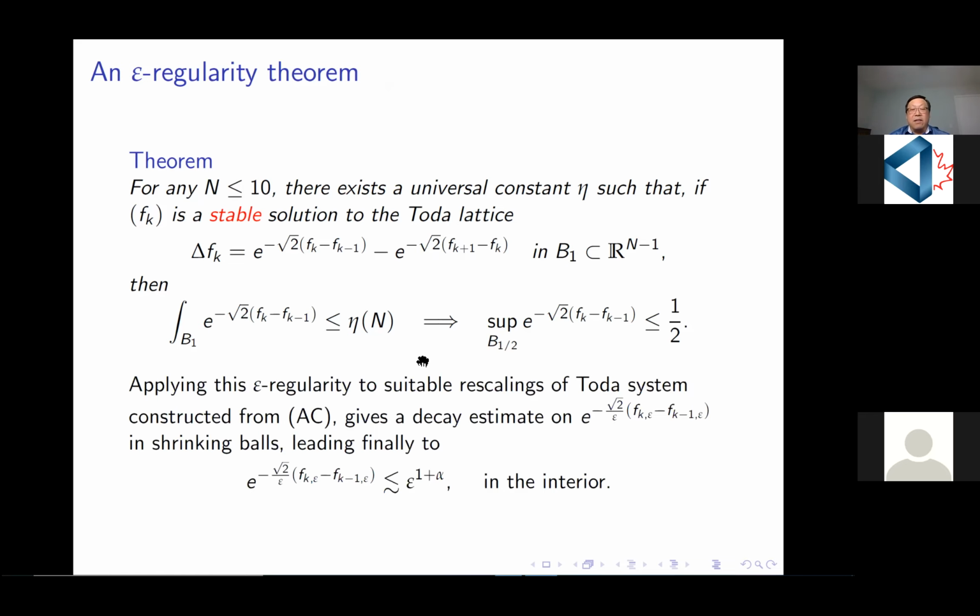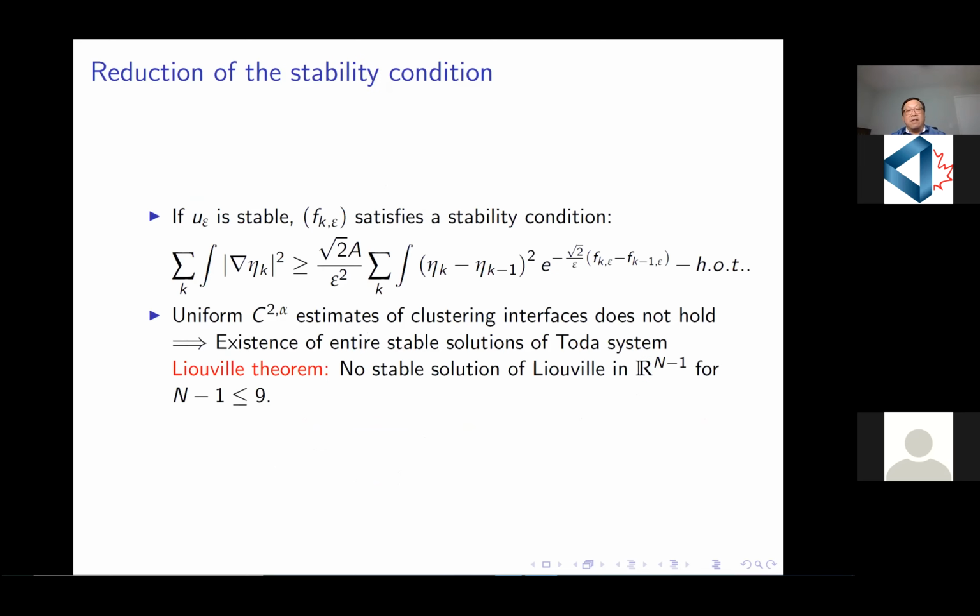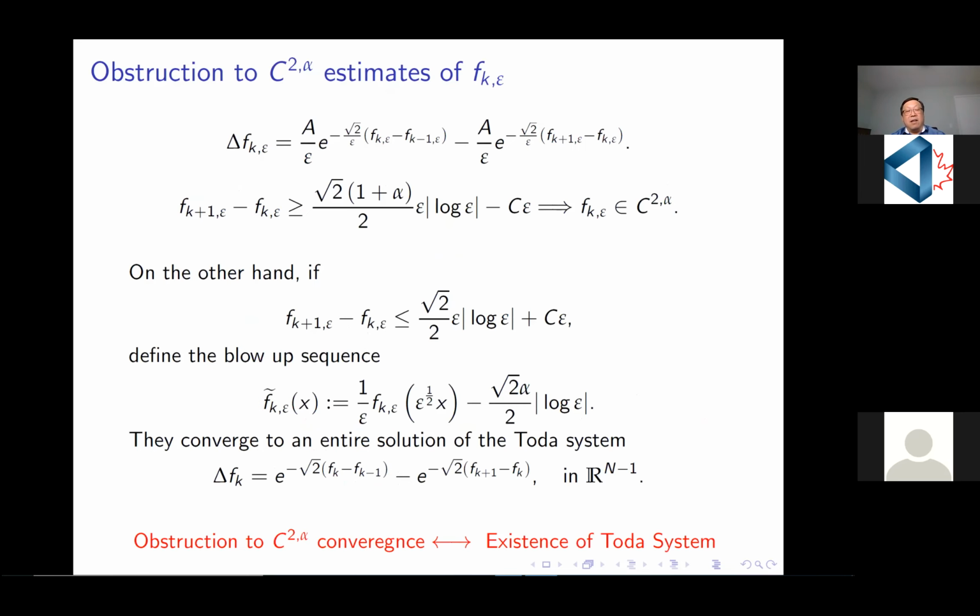With this bound, you can show that you get some decay estimate, and then you show that this is impossible. So this is the last classification result. We use the Toda system to prove the C2 alpha estimate.